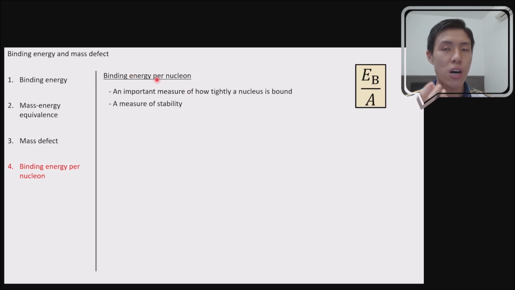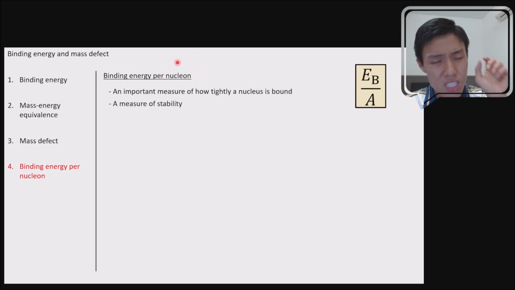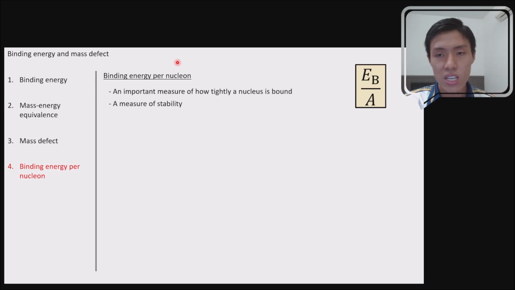It makes sense: if you have a high binding energy per nucleon, you require a lot of energy to extract just one single nucleon from the nucleus. If it's very difficult to extract it, the nucleus itself is very stable. So that's generally the idea of binding energy per nucleon.